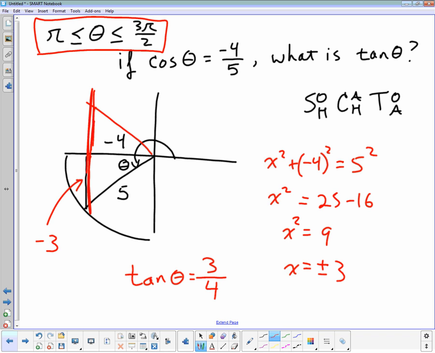I get this answer in my calculator that says negative 3/4. But in reality, it should be a positive 3/4 because I want the angle in the third quadrant. And tangents that live in the third quadrant are positive. So in a sense, this is an ambiguity in cosine because you have two cosines.